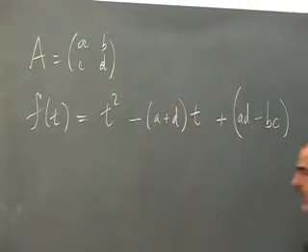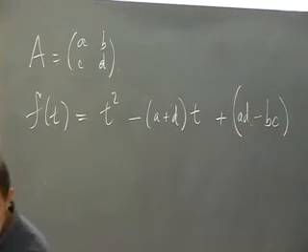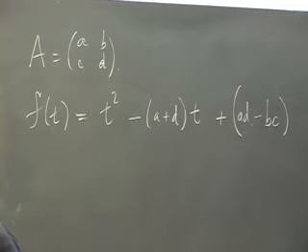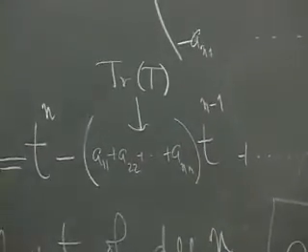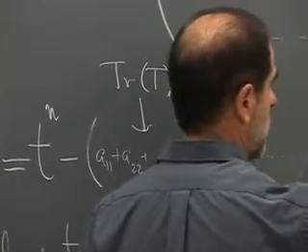That's a good exercise for you to do to make sure you can calculate a characteristic polynomial. By the way, two terms in the characteristic polynomial are quite famous. This term is called the trace, the sum of the diagonal entries of the matrix. And this is, of course, the determinant.